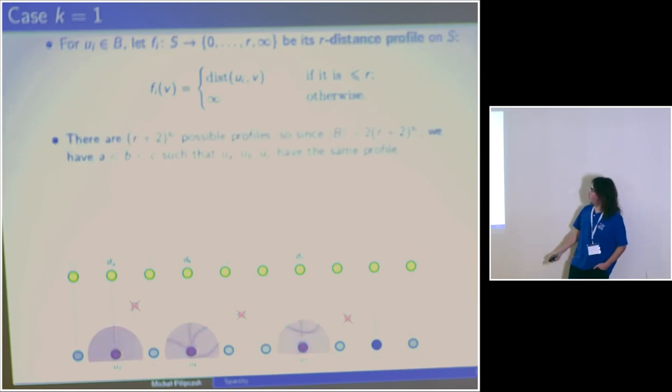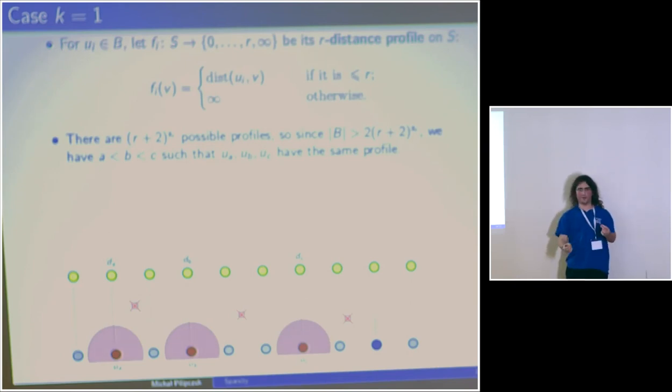How many distance profiles do I have? At most this many, because S is small and each distance can take values 0, 1, 2, 3 up to r, or infinity. Since my set B of those distant vertices was sufficiently large, I will find three vertices that have exactly the same profile. That's the pigeonhole principle.